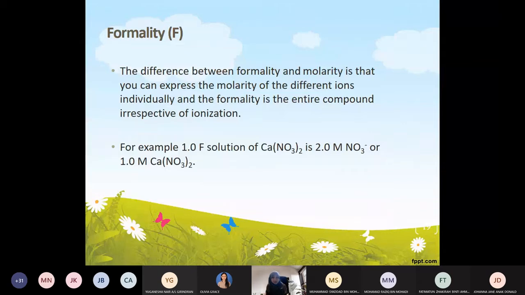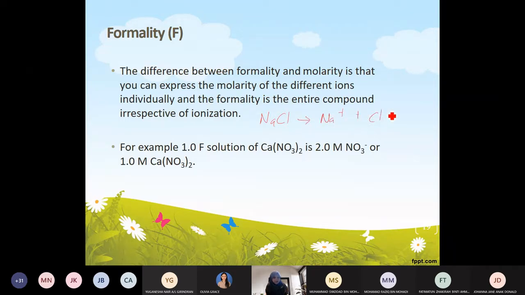Okay, bagi contoh. So the difference is that when we talk about a compound that undergoes ionization, contohnya tadi sodium chloride, all ionic compounds, or salt compounds, ionize in water. Ionized means dia form ion.